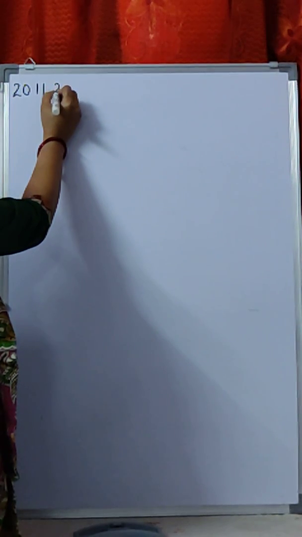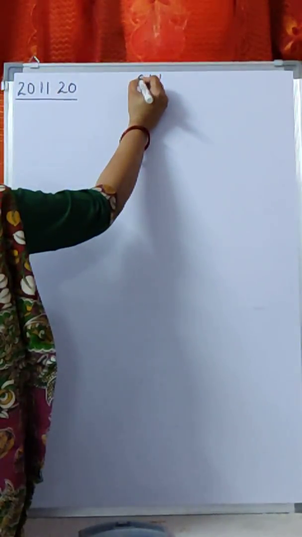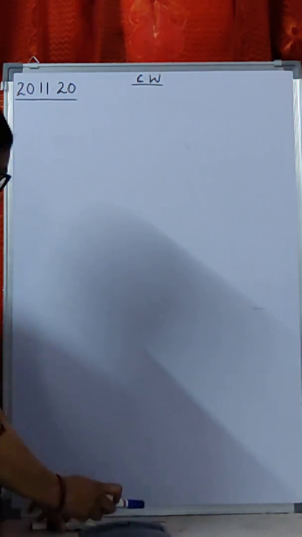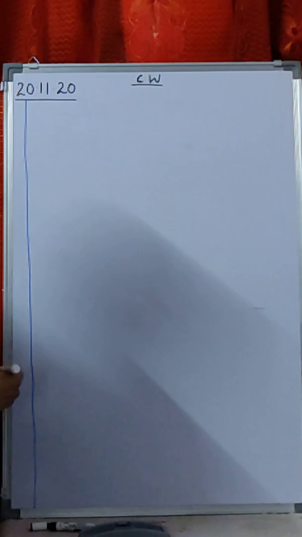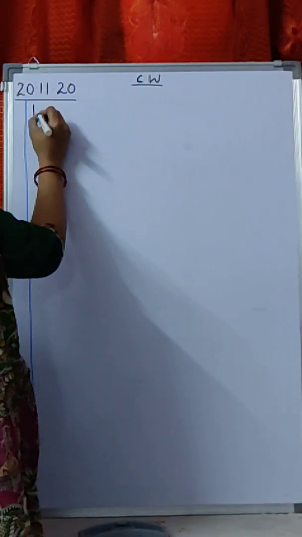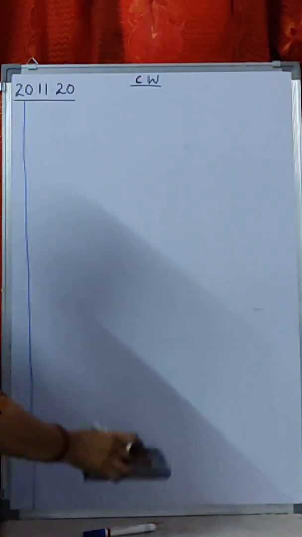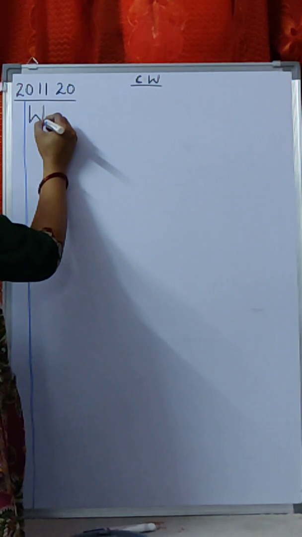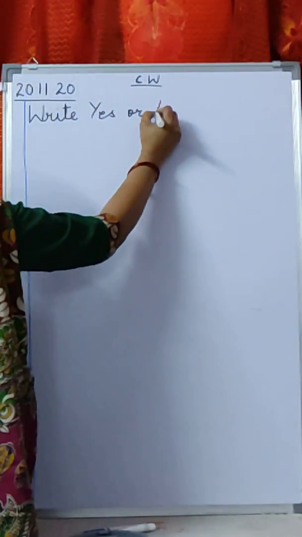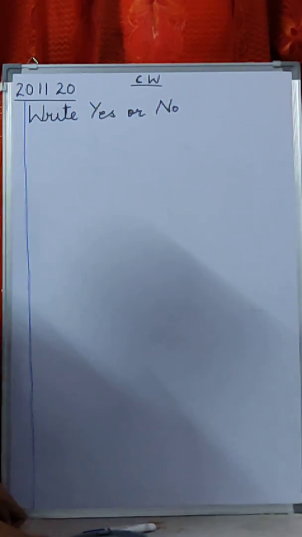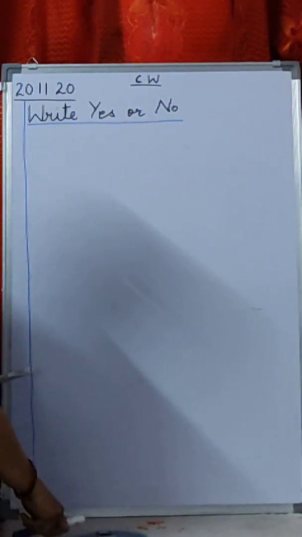First we'll write the date. Then in the first line we'll write yes or no. Okay.